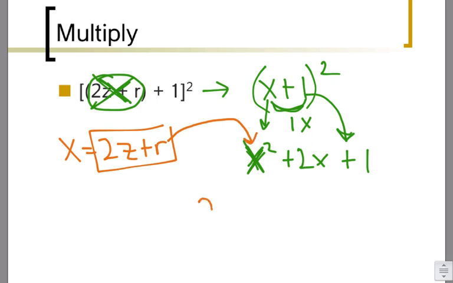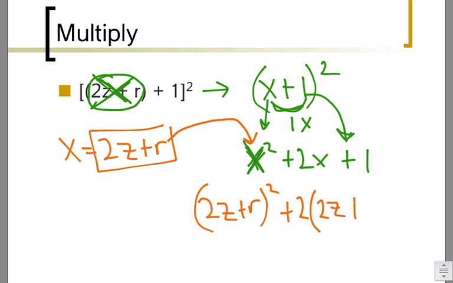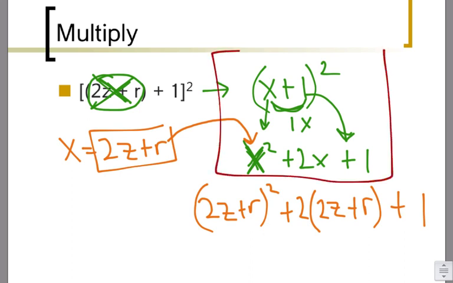So I rewrite this to be (2z plus r) squared plus 2 times (2z plus r), and then finally plus 1 at the end. So I do want to actually further simplify, because I can, but hopefully you understand how I got this part, and then I just replaced my x with the 2z plus r.